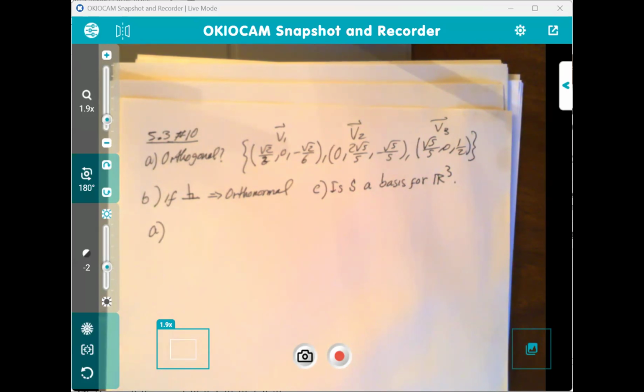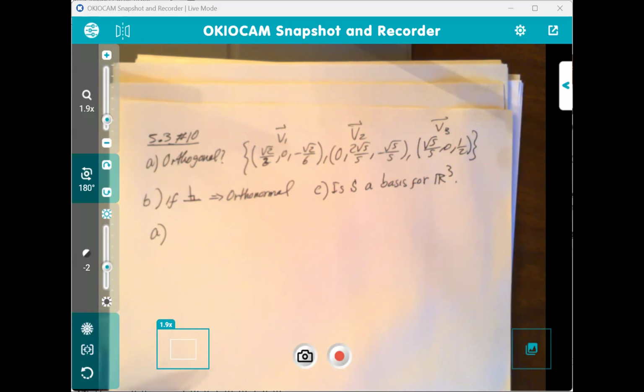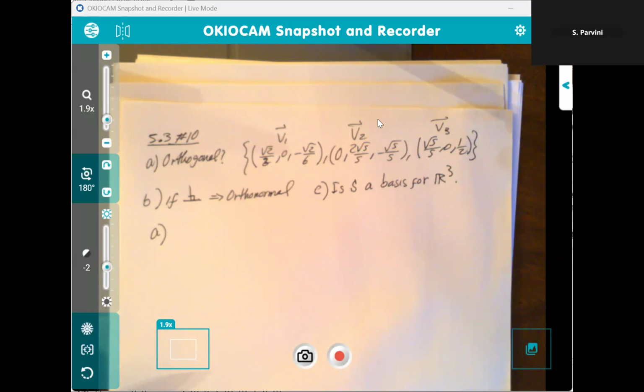And how do we show that the angle between them is 90, other than showing the cosine of pi over 2? We don't want to use theta to show that they are orthogonal. What should their dot product be? The dot product should be 0, right?